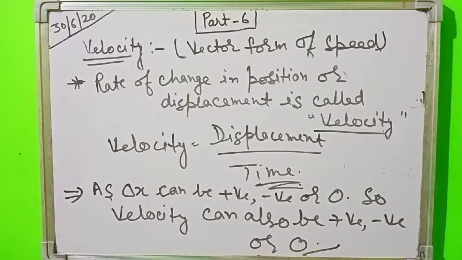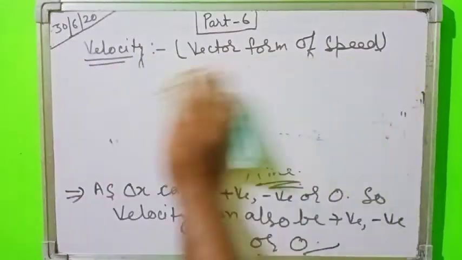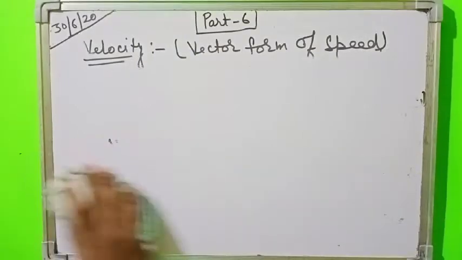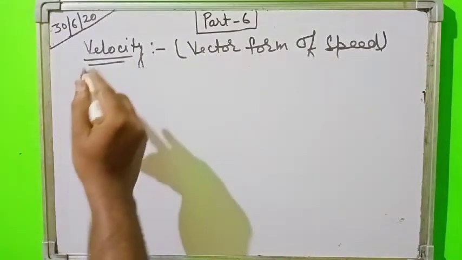Its SI unit is meter per second, with displacement in meter and time in second. So the SI unit is meter per second and the CGS unit is centimeter per second.